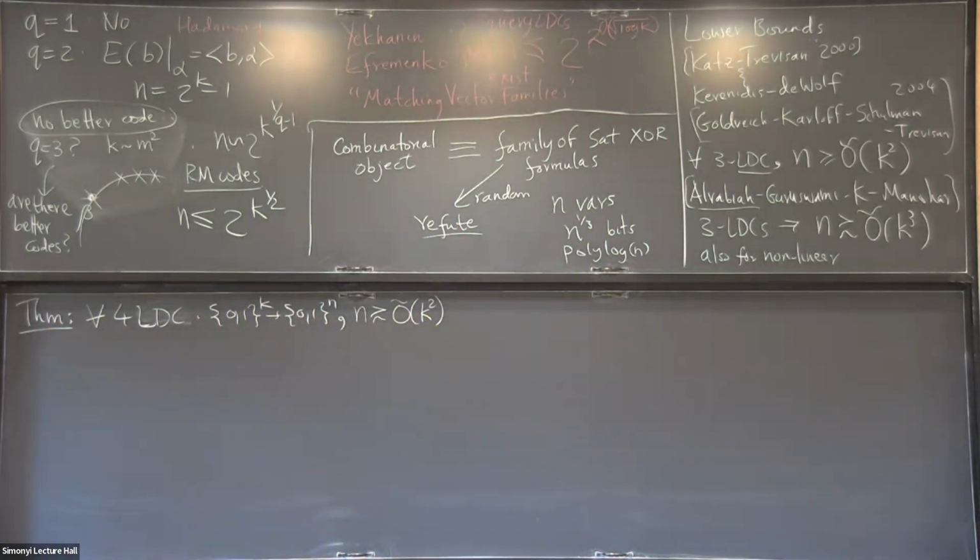You can see it's different from k cubed, but that's because it's for 4-query LDCs. This is what I want to prove to you next. I'm only going to work over F2 to the k, and you can imagine that the codes are linear.